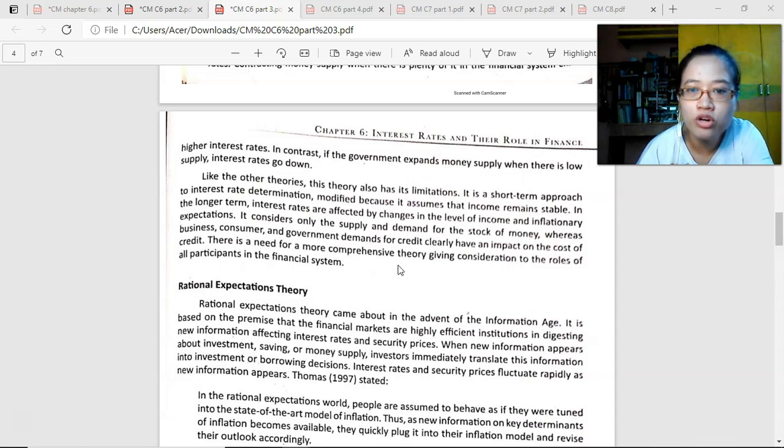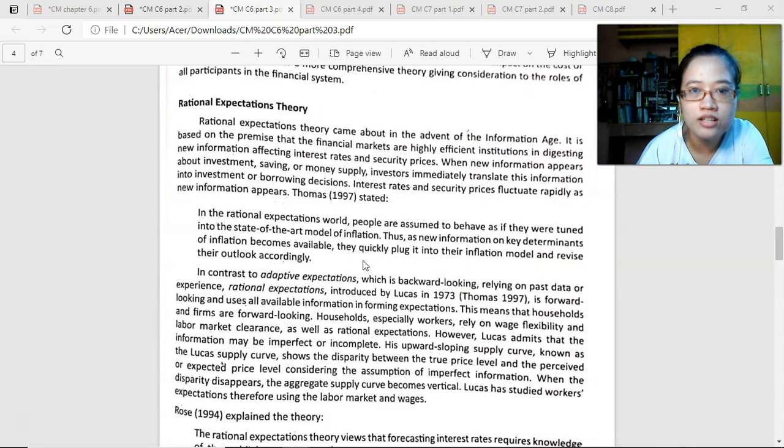There is a need for a more comprehensive theory giving consideration to the roles of all participants in the financial system. Okay, last one for the theories, we have rational expectations theory. This came about in the advent of the information age.